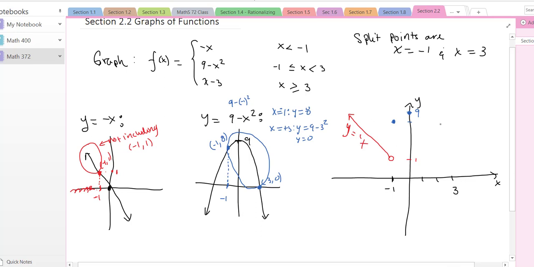And at 3 it's 0. Notice that when it says x is less than 3, this is not included. So at 3, we're going to have an open circle there. This point on the graph is not included, so when we go to the main graph, it's going to be an open circle. And so now I'm going to graph my parabola.